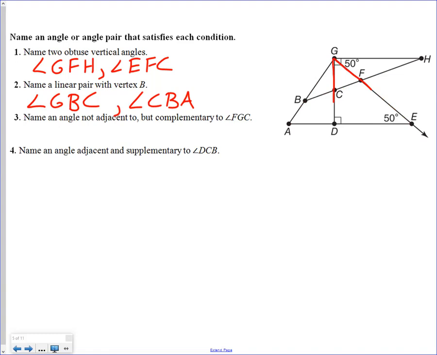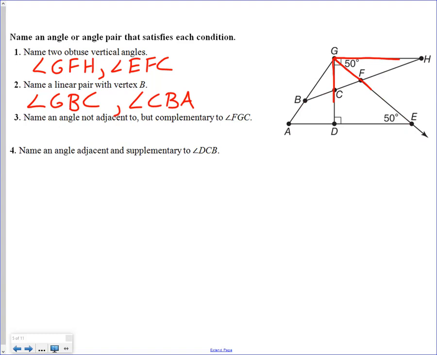What is the measure of the angle complementary to FGC? So FGC has a measure of... this is 90, right?